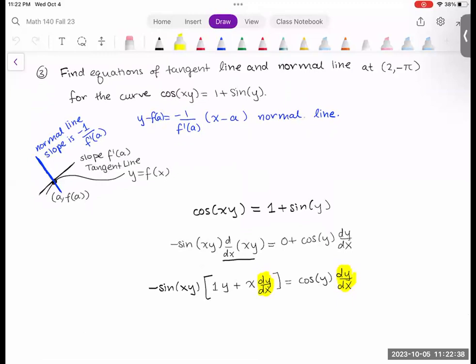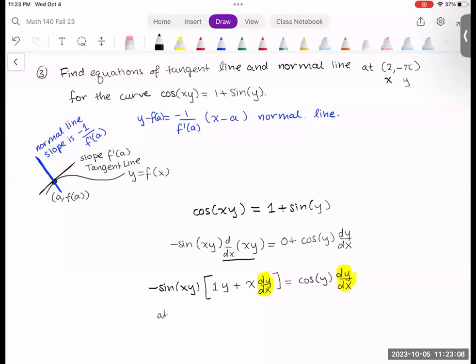Option two is to evaluate this expression at the point (2, -π), with 2 being our x value and -π being our y value. This clears out a lot of the function notation so that it looks like a simpler algebra problem. So why don't we try that out here?